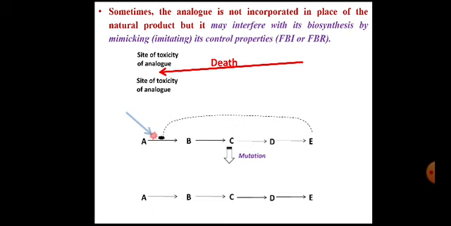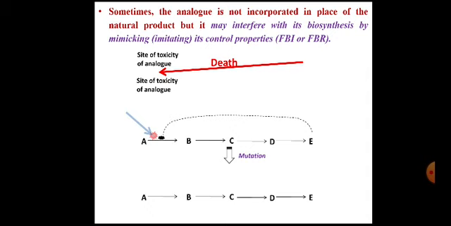Because we have seen that the site of toxicity of this analog is this enzyme. Therefore, the organism will try to modify its system. What modification will the organism make? It will modify its enzyme so that it becomes a resistant variety and can grow in the presence of that analog.